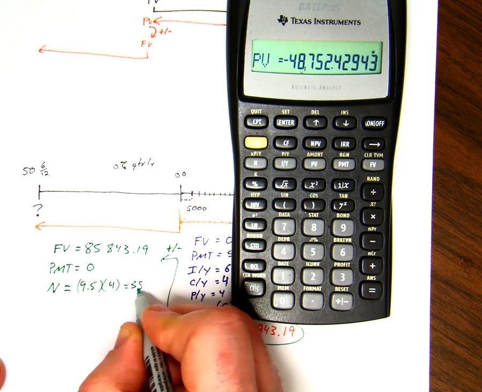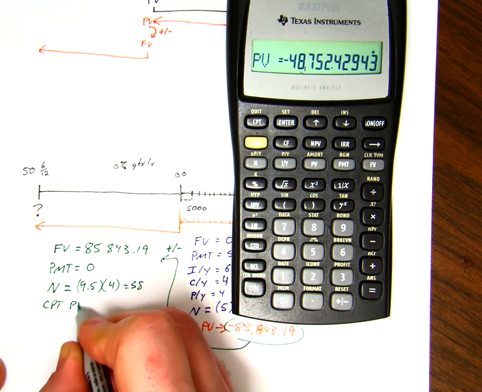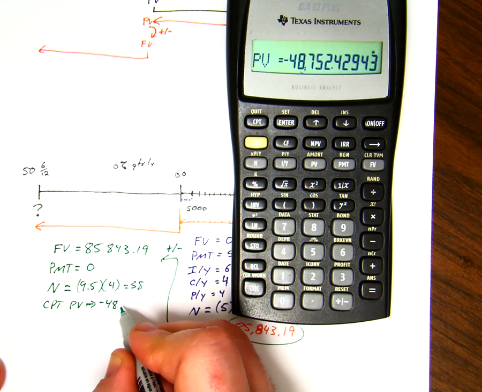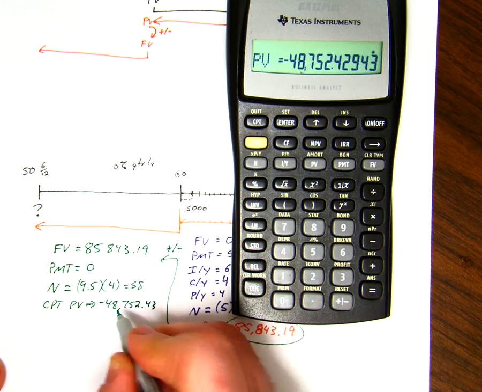And this is going to be negative $48,752.43.